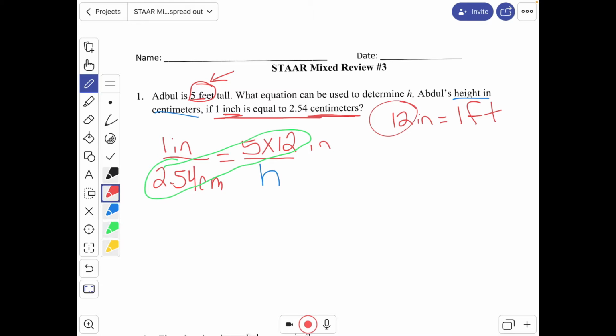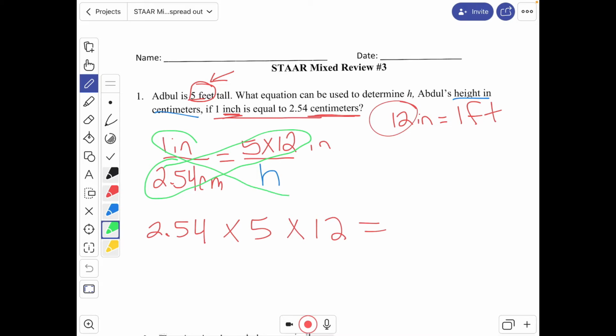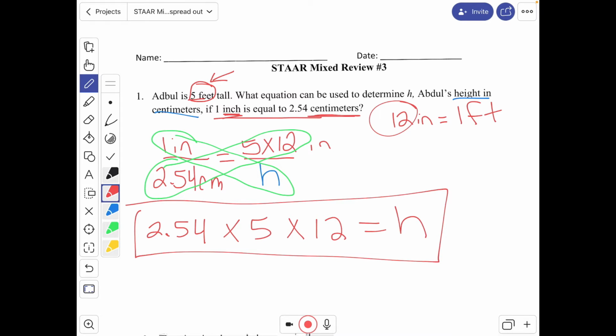So this would be 2.54 times 5 times 12. And the other side would be 1 times h, which is just h. Okay, so that is the equation.